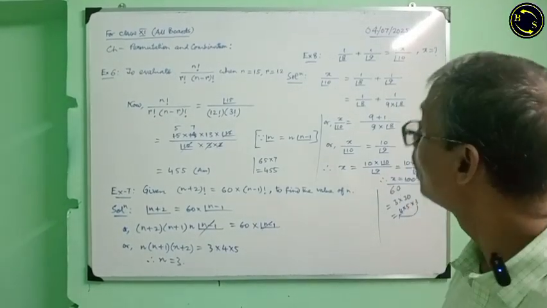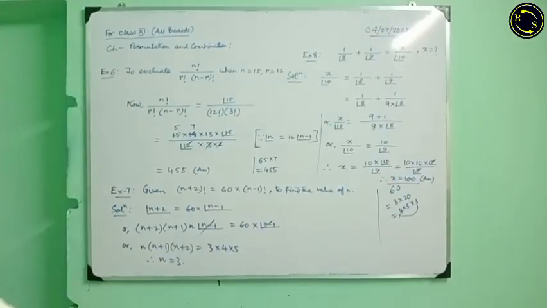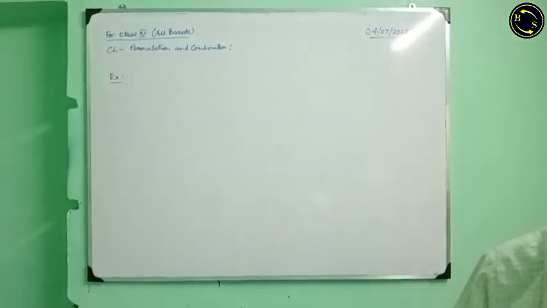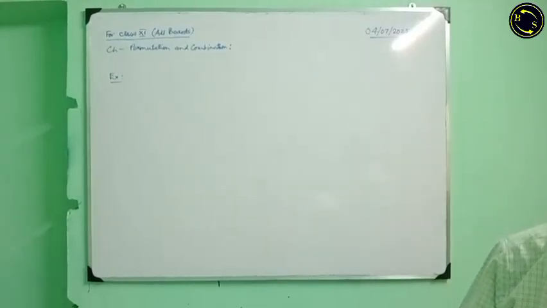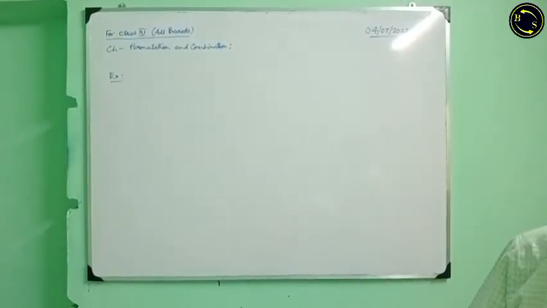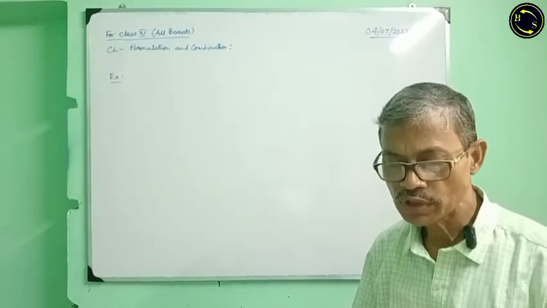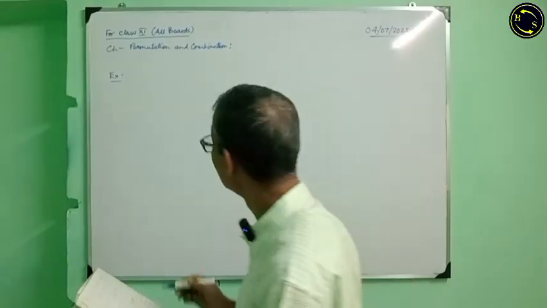Next, I take next example. If n factorial by 2 into n minus 2 factorial and n factorial divided by 4 factorial n minus 4 factorial are in the ratio 2:1.